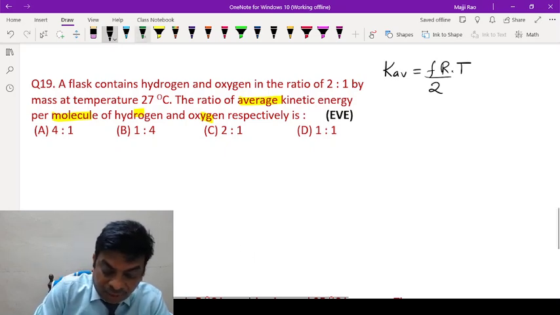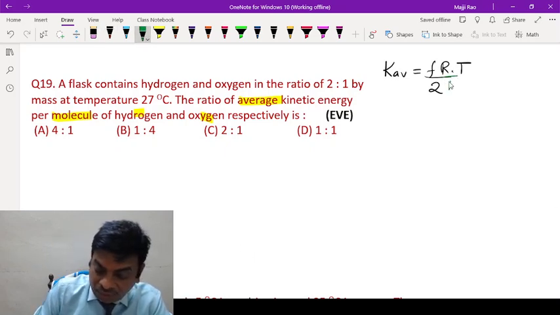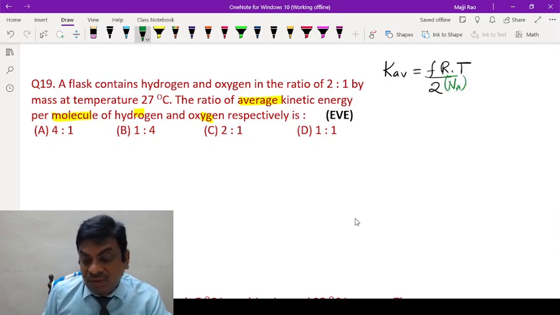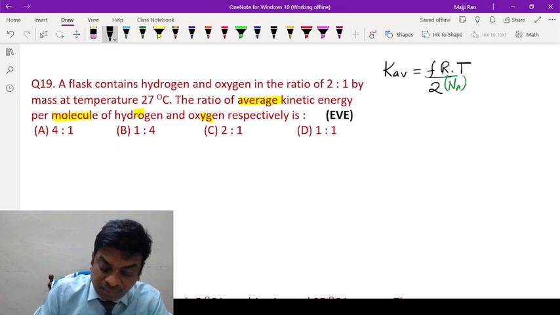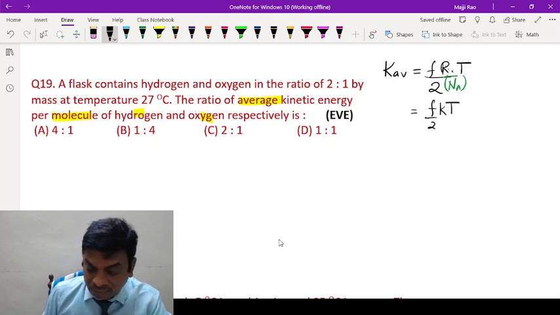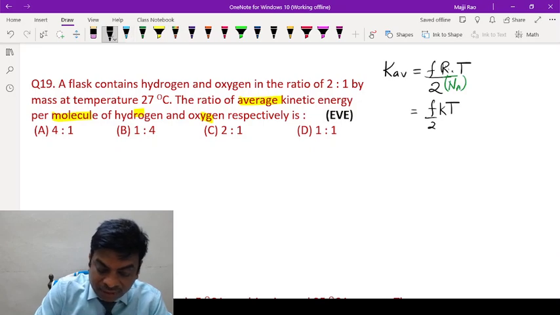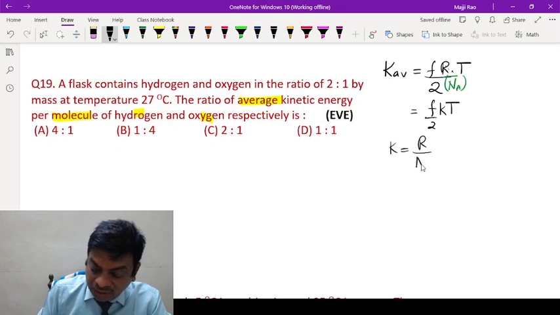If it is per molecule, you have to divide by the Avogadro's number because that will give you the average kinetic energy per molecule. So R by N is k. So this will be kT. Remember k is the Boltzmann constant.